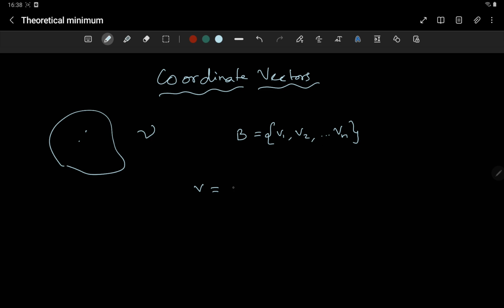Like c1 v1 plus c2 v2 plus dot dot dot plus cn vn. Okay, right. Now there is a possibility that there are other vector sets which could be a basis, right?